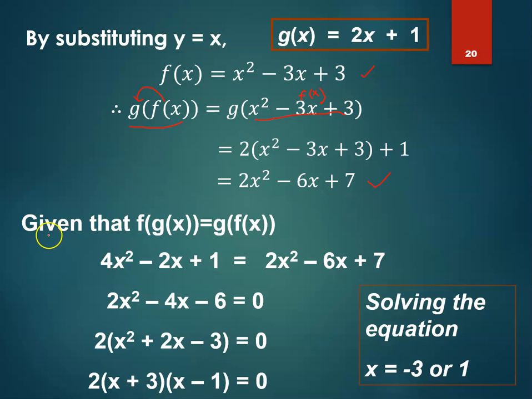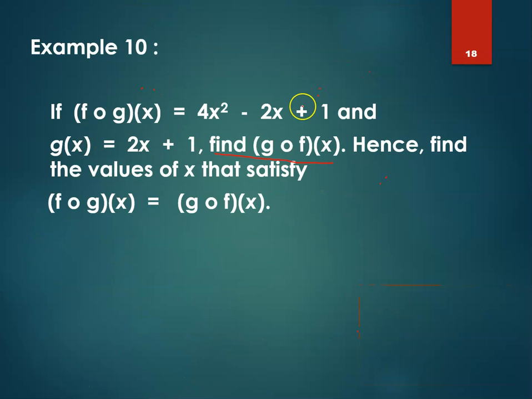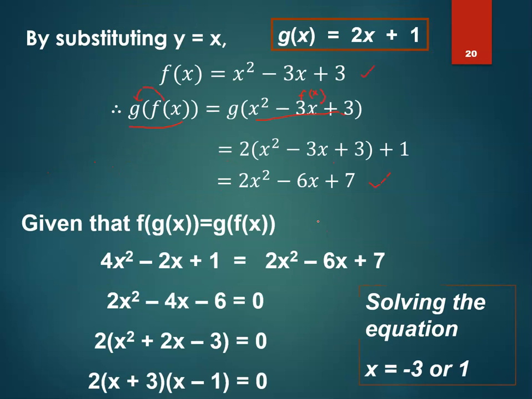Okay, and then for the second question, hence find the values of x that satisfy this equation. So values, which means that you're going to have more than one value of x. So let's say given that this equation, dia kata composite function of this one sama juga dengan this one.